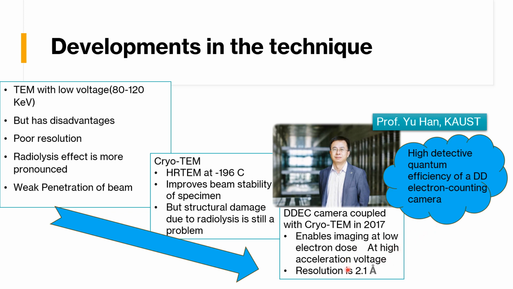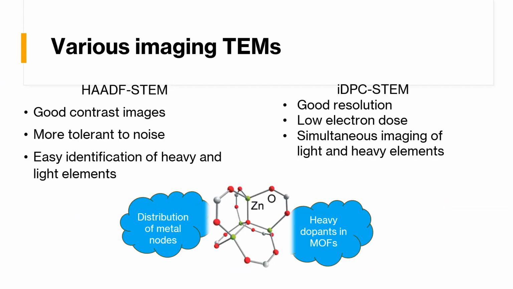This also gives better resolution, around 2.1 angstrom, right? After this, the efficiency of TEM improved. And what was the reason behind this? The high detective quantum efficiency of the DDEC camera, right?